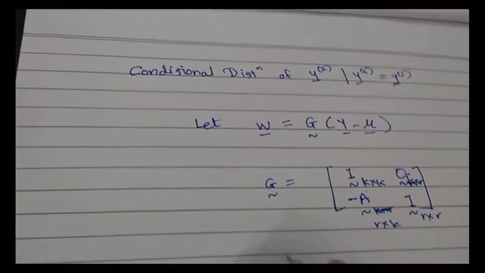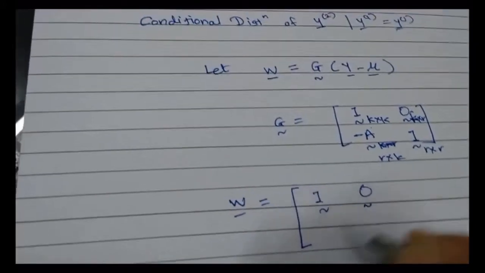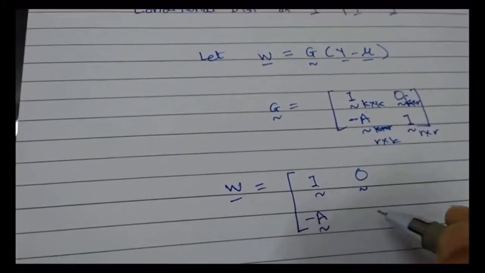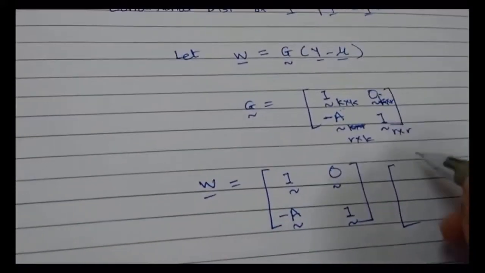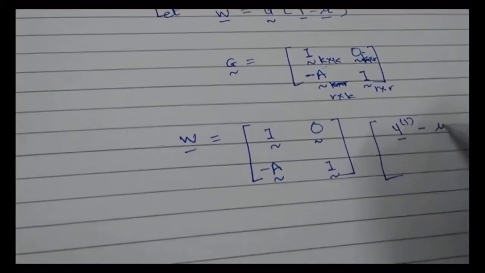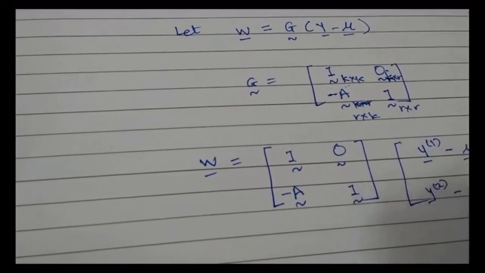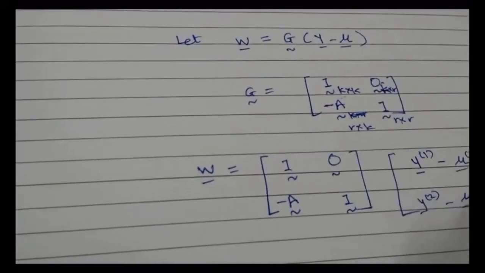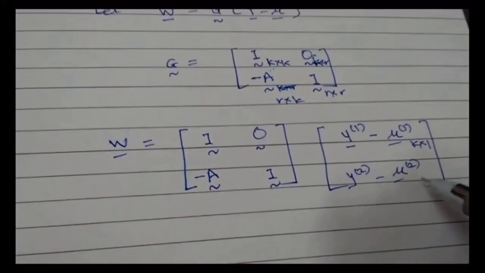So my W is actually I, 0, minus A, I, into, because now I want things to be compatible with this partition, I would write my Y as Y1 and mu as mu1, and then Y2 minus mu2. This we know is K cross 1, this we know is R cross 1.